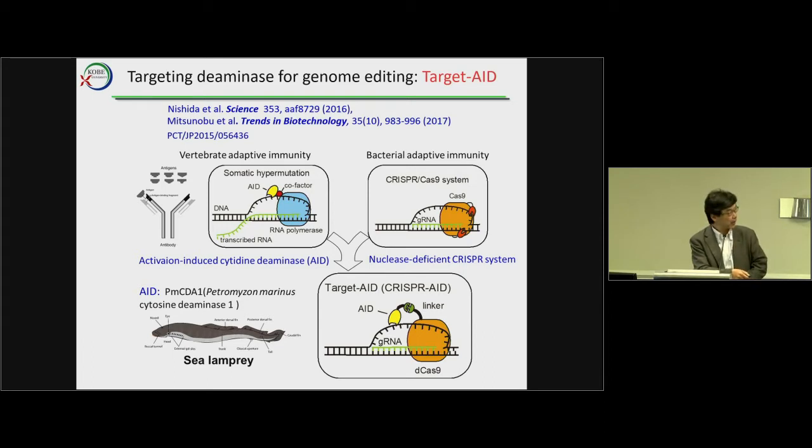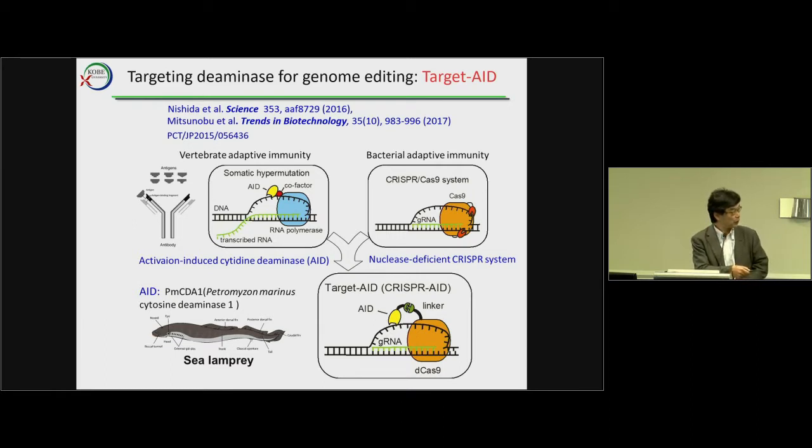Then we conjugated these two systems, dead or nickase Cas9 linked to the AID. You can imagine that this AID is only active in the single-stranded area created by the guide RNA.